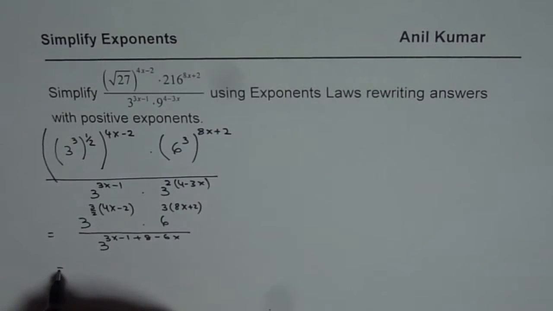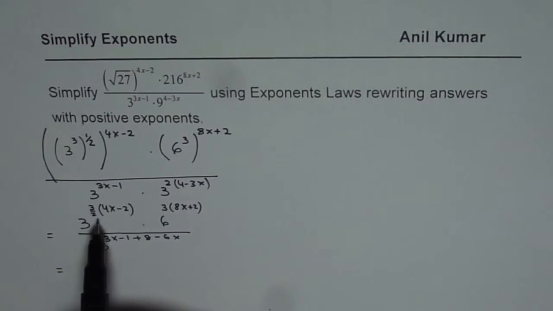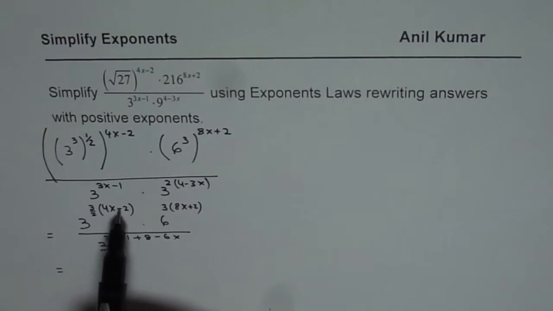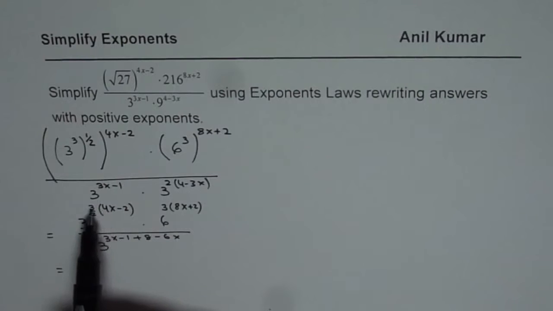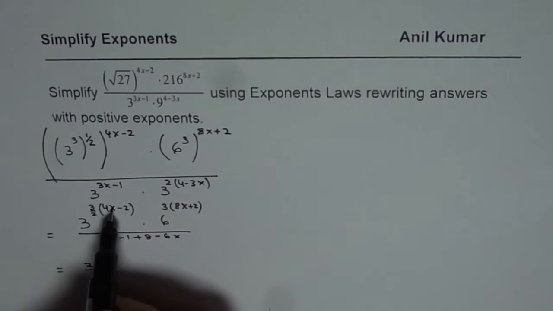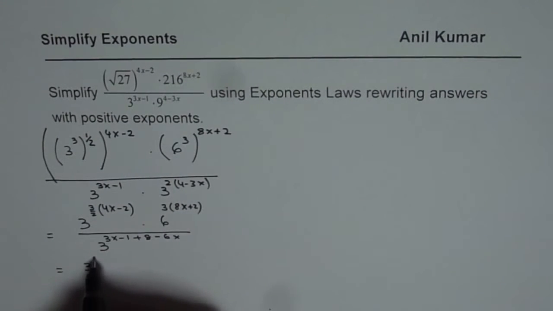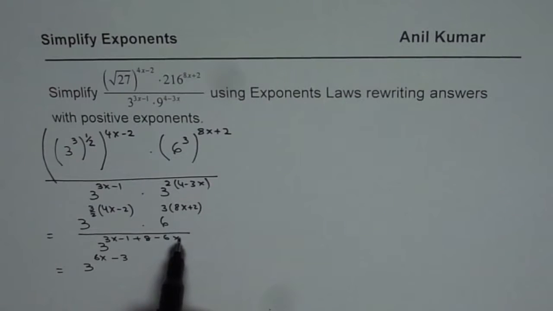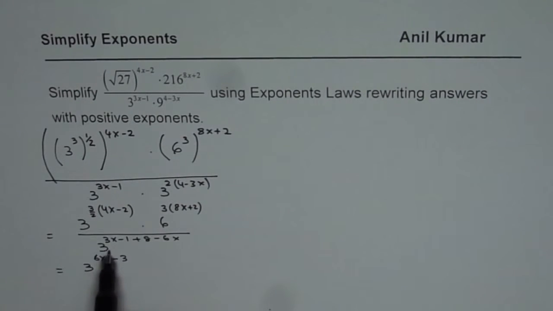Now one more step, let us simplify. When you do 3 over 2, then you can divide these by 2 and then multiply by 3. So one by one, let's expand this. So we get 3 to the power of, when you divide by 2, we get 12x divided by 2 as 6x. So we get 3 to 6x minus 3, right? And these are the numbers in the denominator. They should be taken away from here since you are dividing by this, right?